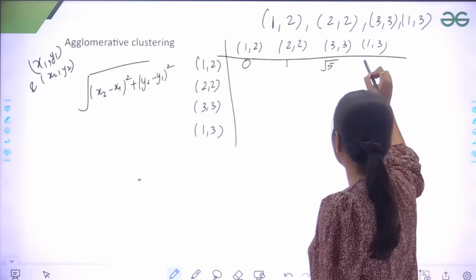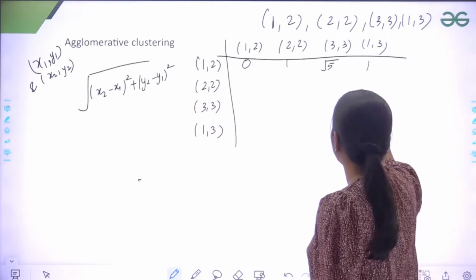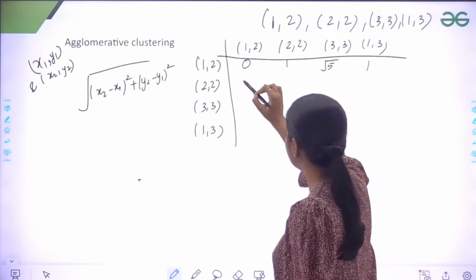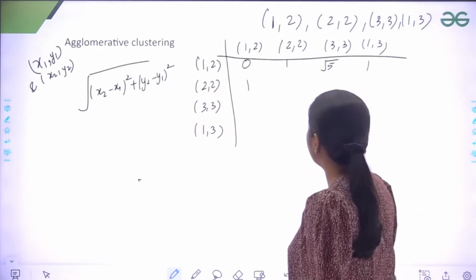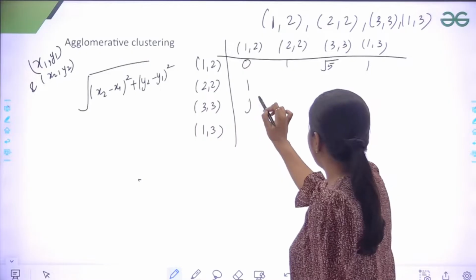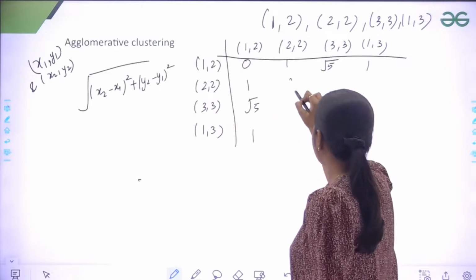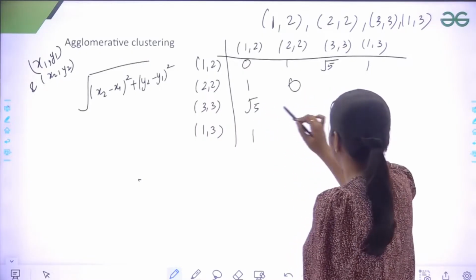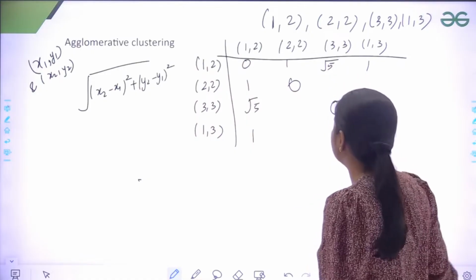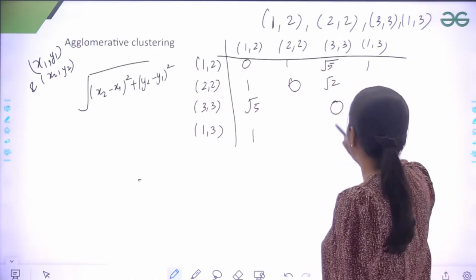And (1,2) with (1,3) would be 1. (2,2) with (1,2) gives 1, then square root of 5 and 1, right? That would be 0, 0, 0. Now I have to find the distance between (2,2) and (3,3), that would be square root of 2.